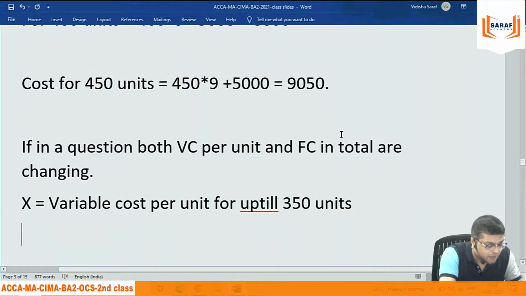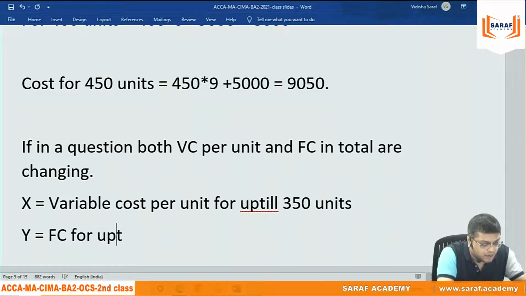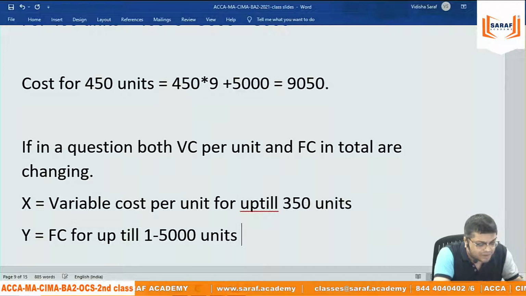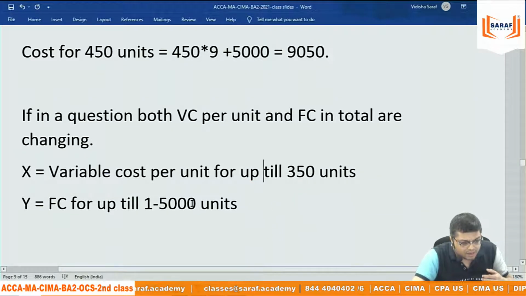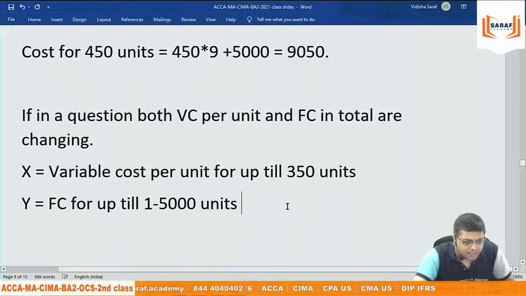And I will say Y equals fixed cost for up till 1 to 5000 units. I am mixing both questions for understanding purposes. It cannot be 1 to 5000 and 350. It will be 500 only, like that.